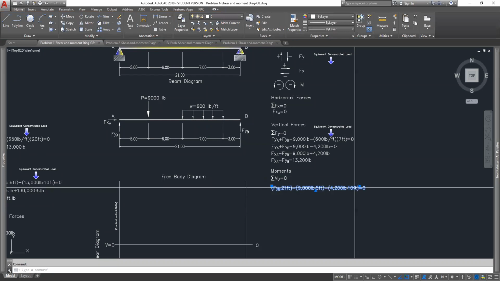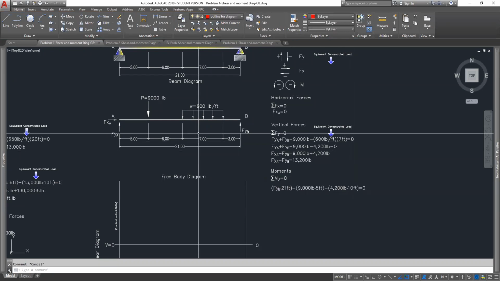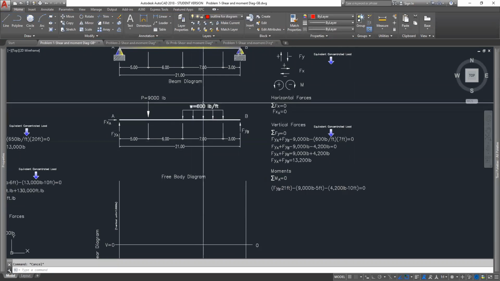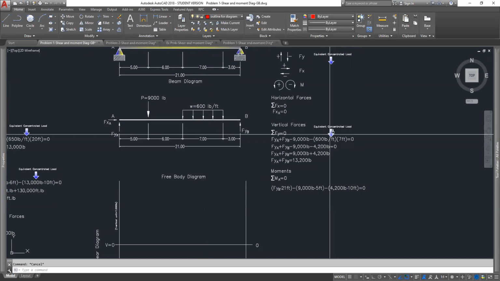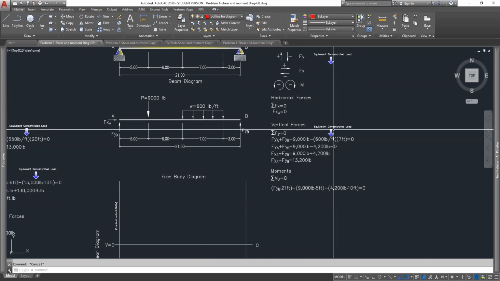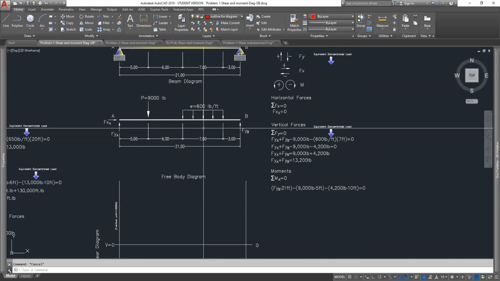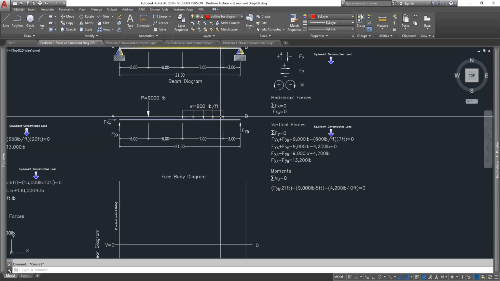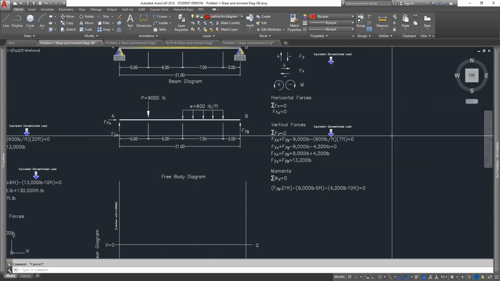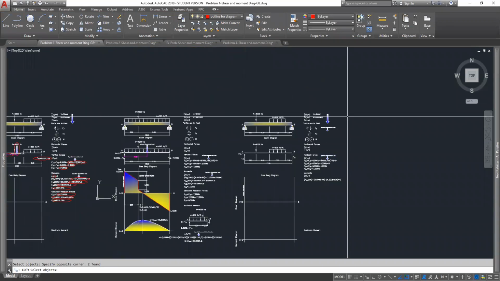But this number right in here, the 10 feet, in this case, we have to evaluate where that equivalent concentrated load is going to end up being from point A. What is the distance from point A to that load, which is going to replace this distributed load as an equivalent concentrated load?